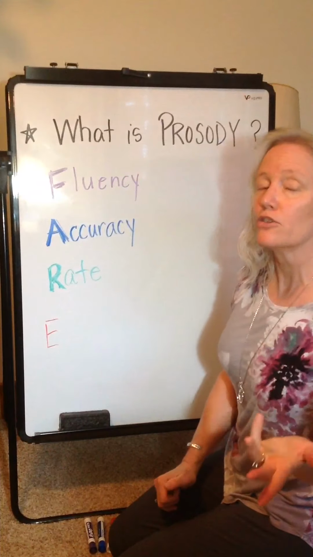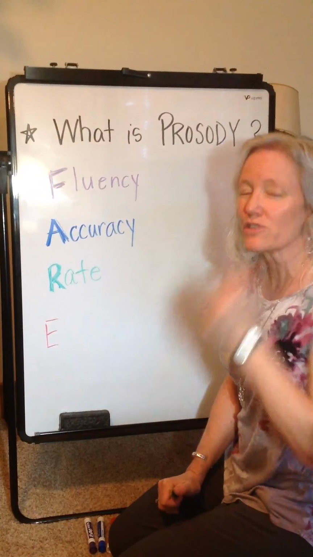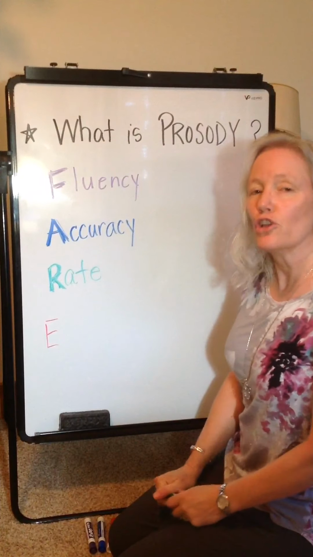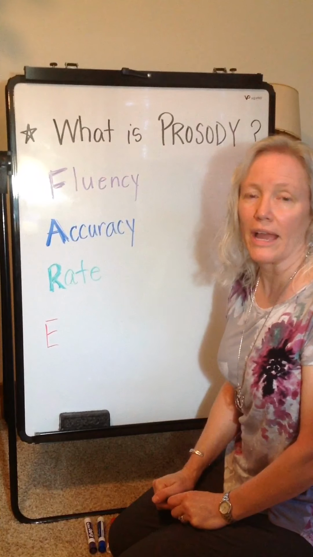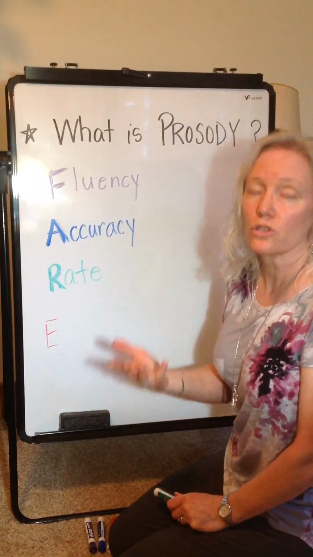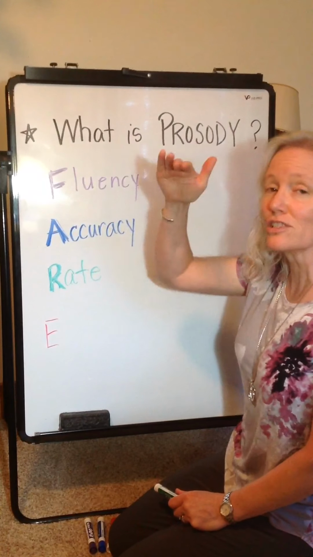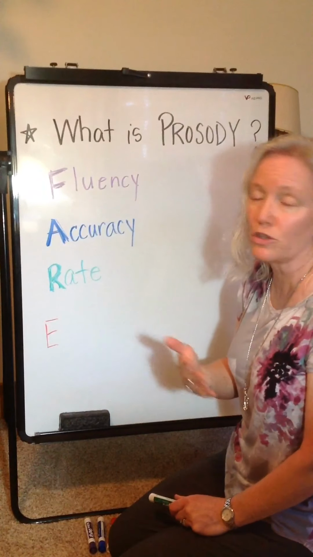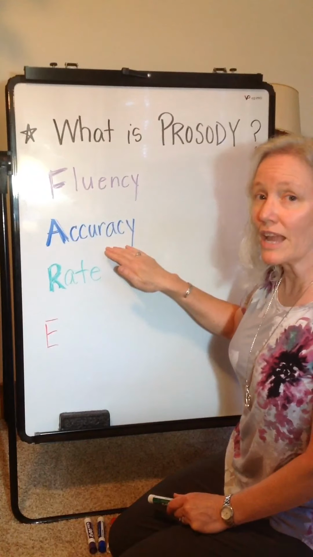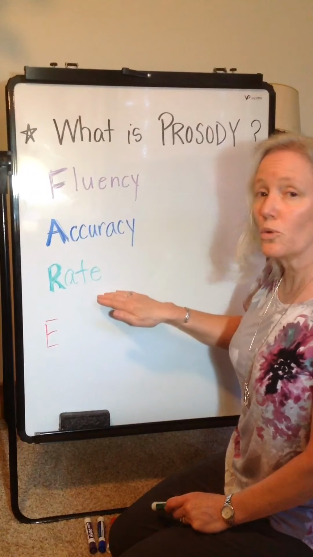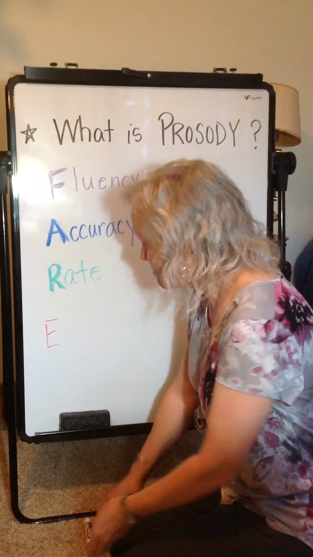The reader can't understand what you're saying, but your brain also can't comprehend. So you need to read in a way that sounds like your normal talking voice. Remember, you have those inflections, that normal fluency you would have when you're talking. You are going to be reading accurately, and you're going to have a good rate.